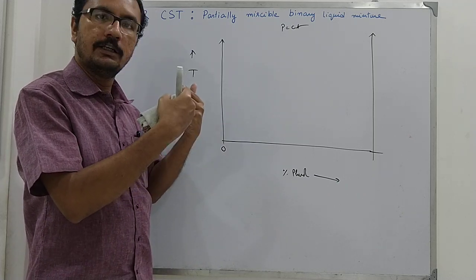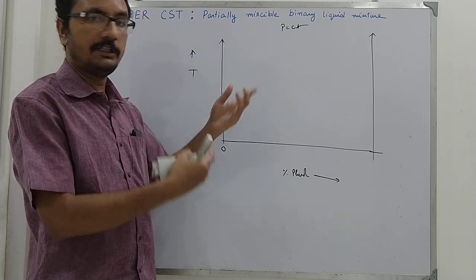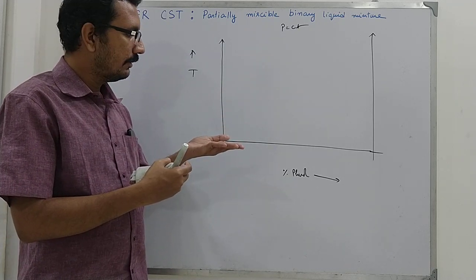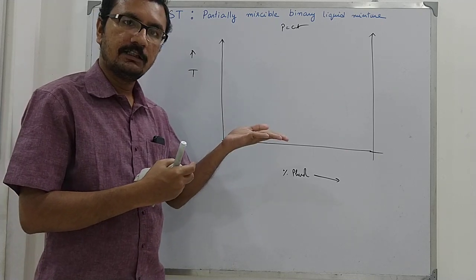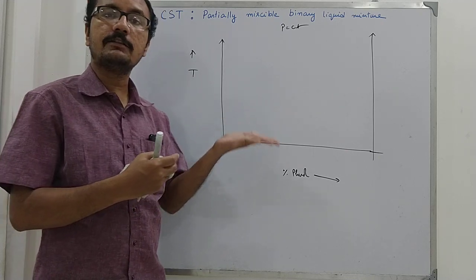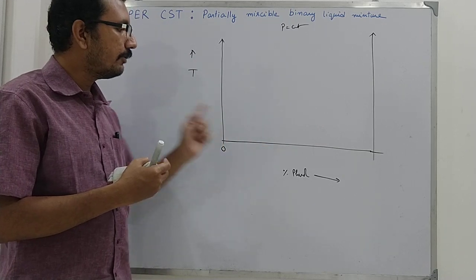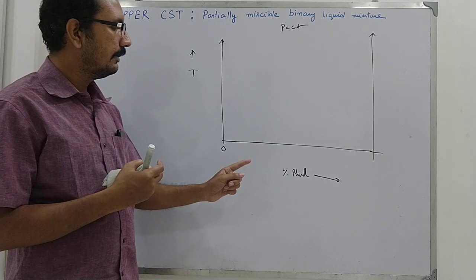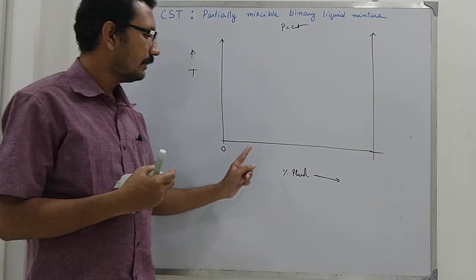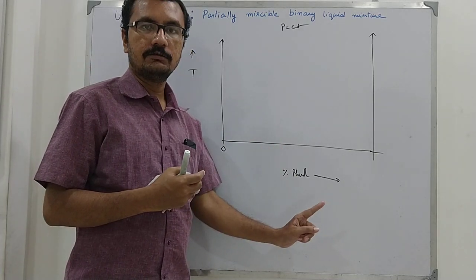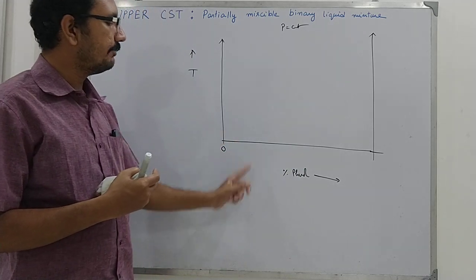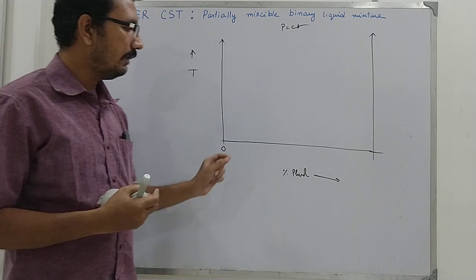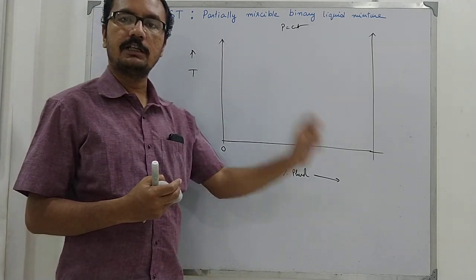Since phenol has a little solubility, it is partially miscible in water, and as the phenol is increasing, it is going towards saturation. Going beyond that, adding more phenol, you will get a separate layer. So phenol, after a certain percentage, at a certain temperature and pressure, will form a separate layer.